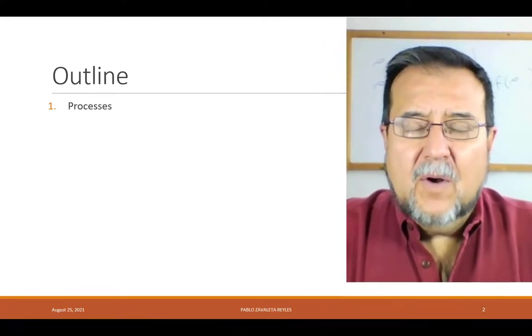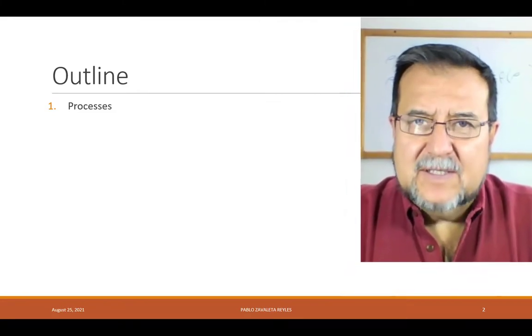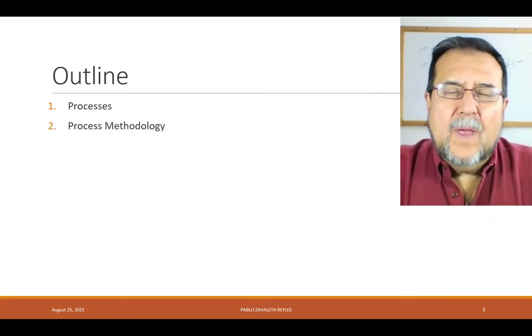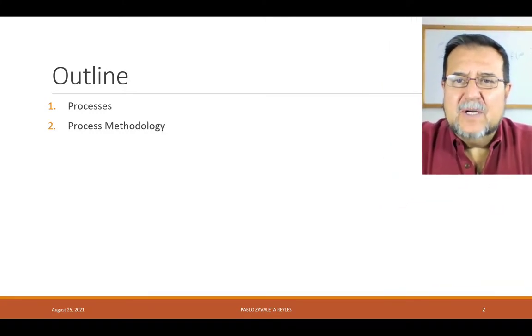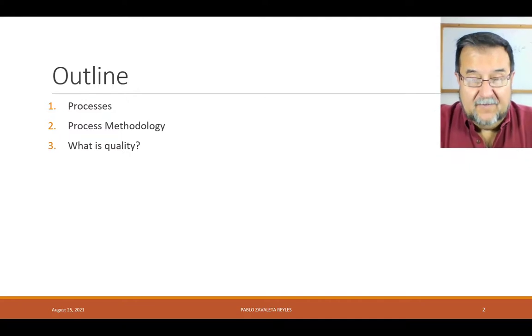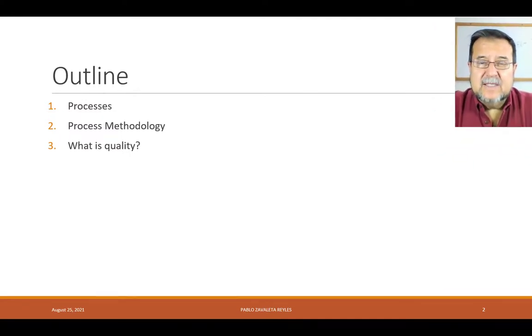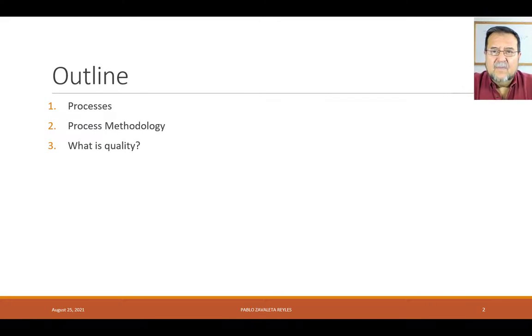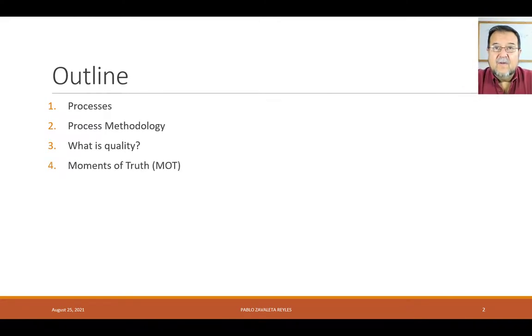We will be covering what processes are. We shall see what the process methodology is. We will define clearly what quality is so that we don't get mixed up from here on. We will revisit the moments of truth, but in this case, in the context of quality. We will talk about the difference between goal-oriented or compliant quality.